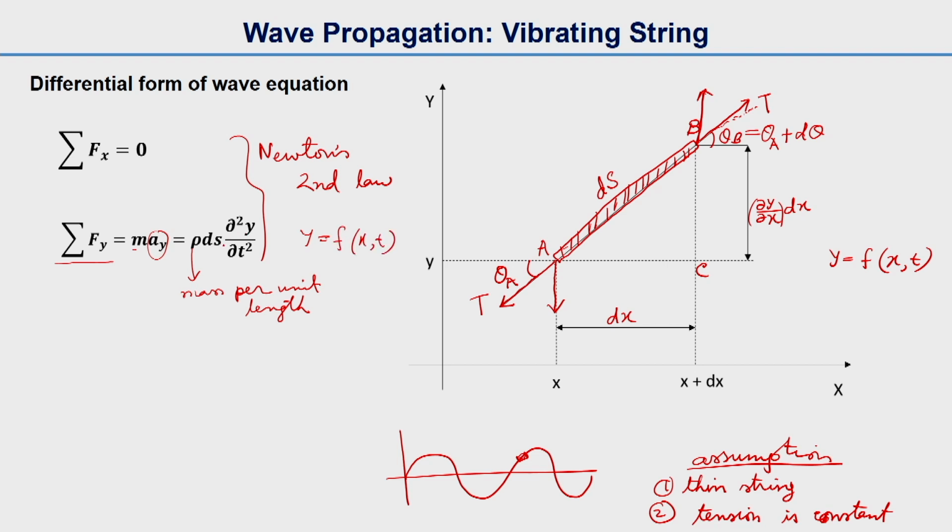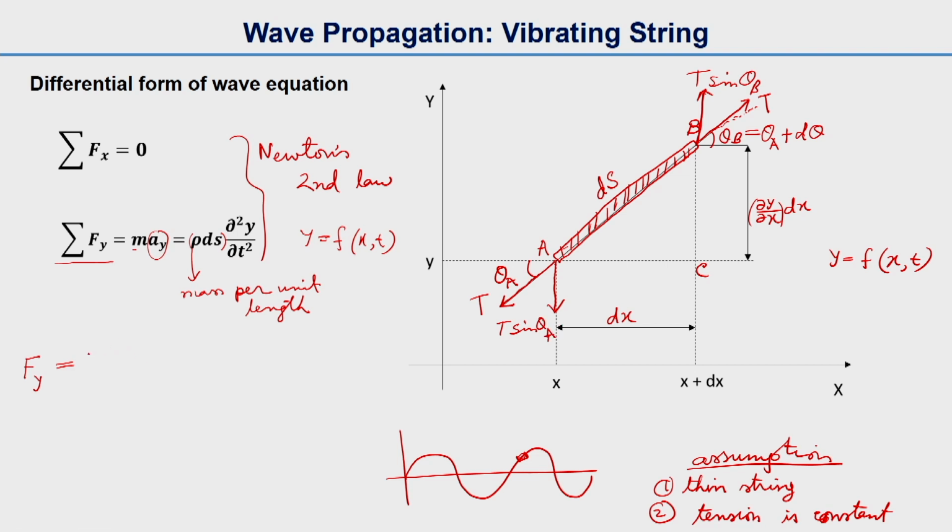So rho ds will give us the mass, and the acceleration is the double partial of y with respect to t. Here if we consider all the vertical forces, we see that this is T sin theta subscript B and this is T sin theta subscript A.